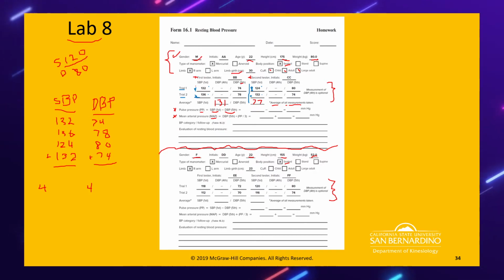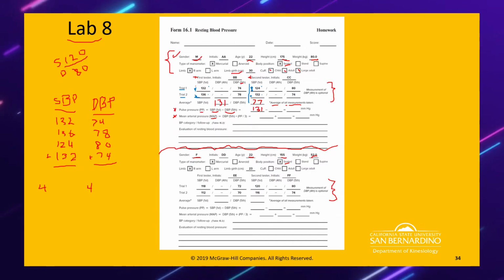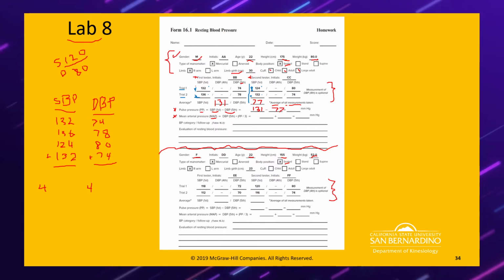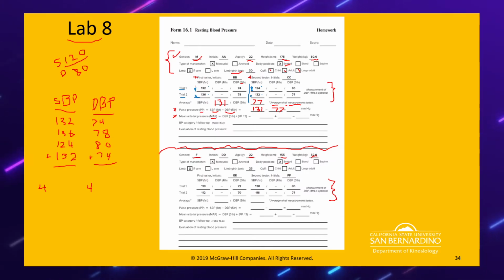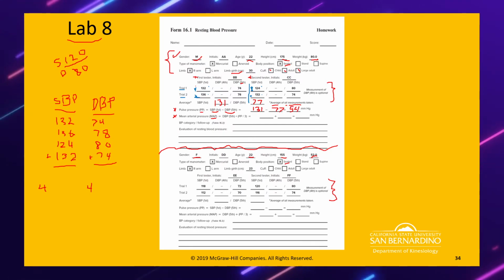So now that we have this average, what are we going to do? We're going to take 131 and subtract 77, which gives us the pulse pressure of 54. I'm not going to bust out the calculator for that one.